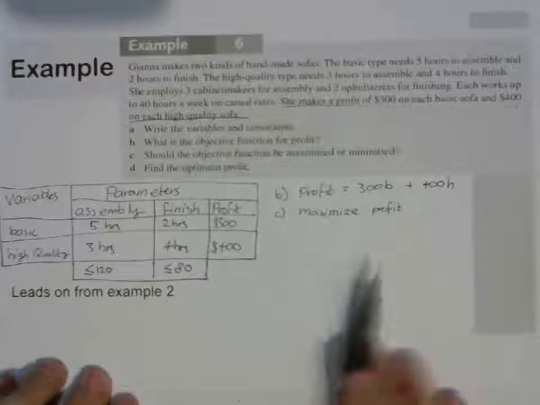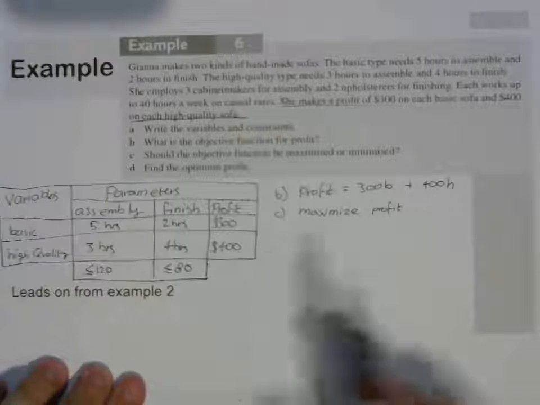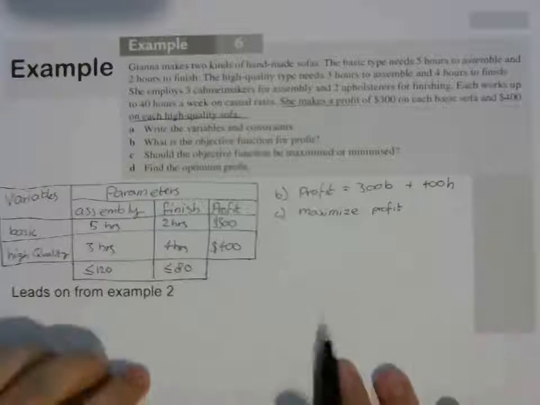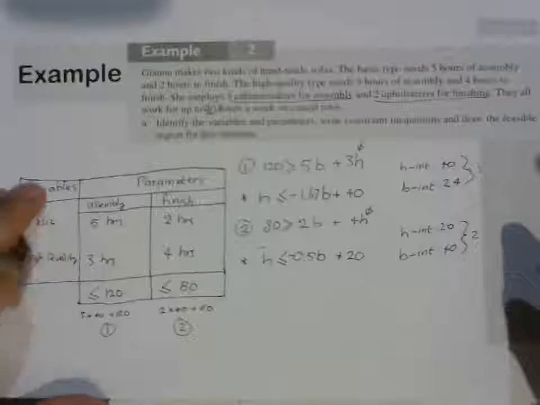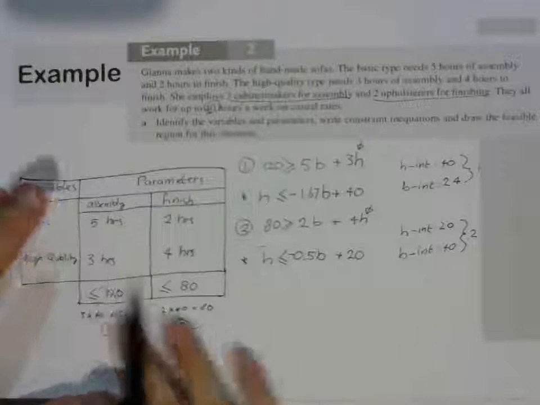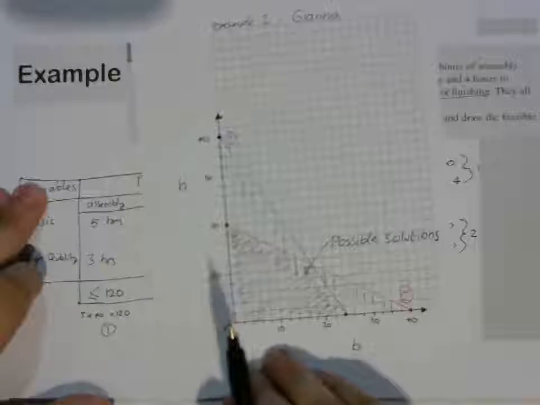In a normal question, you would figure out the variables, parameters, and inequalities and graph them, but we've already done that in a previous example, so we're going to continue from where we finished with this graph.